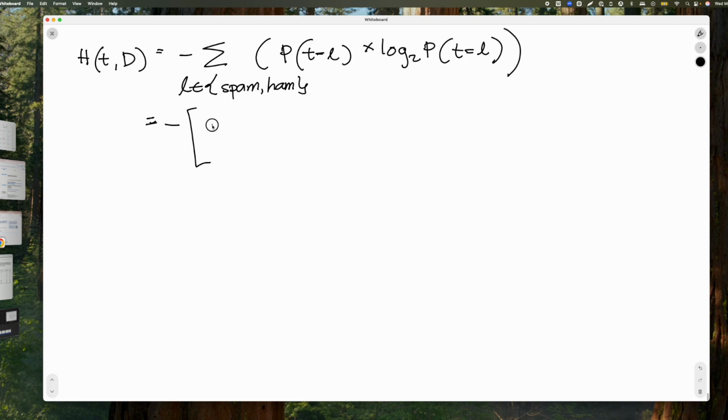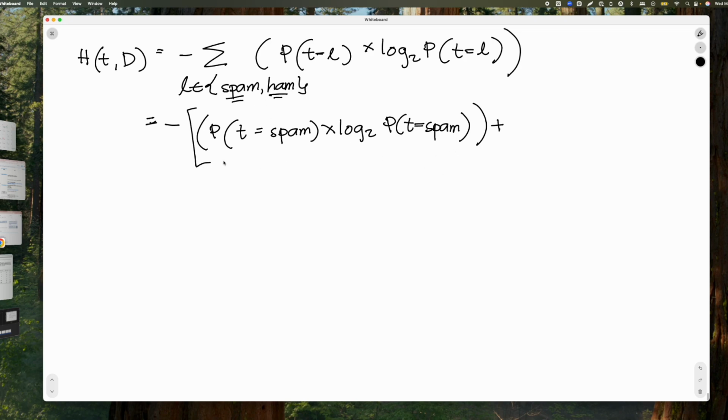So the probability that the email is spam times log of base 2 that the probability is that the email is spam. So that's one part. And then we have the ham here.